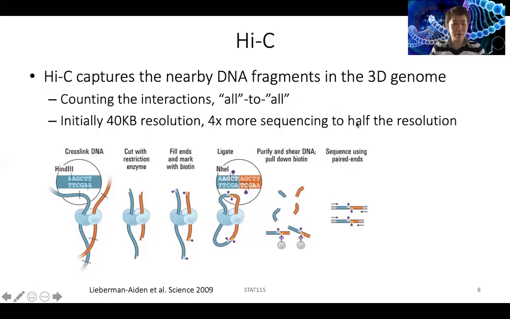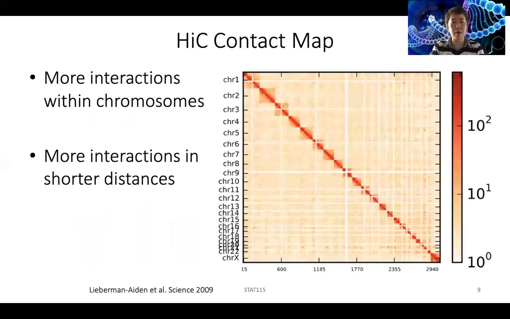And then if you want to make it 10 kb resolution, you have to sequence 16 times. So you can see if you want to get better resolution, you have to exponentially sequence the HiC experiment. So it does get quite expensive. But with this type of experiment, we can then look at the chromatin interactions.